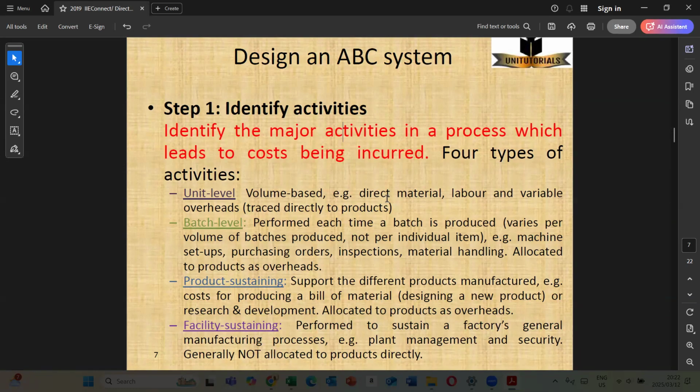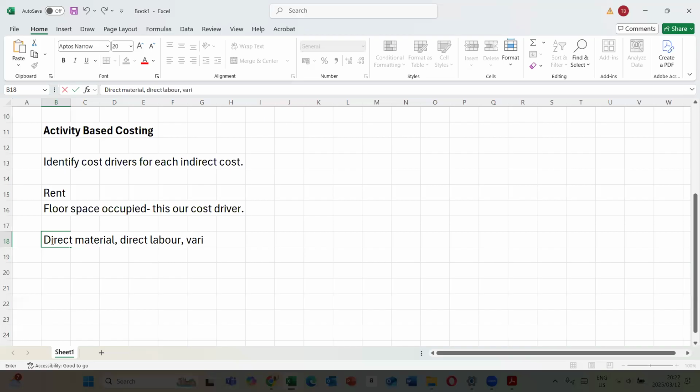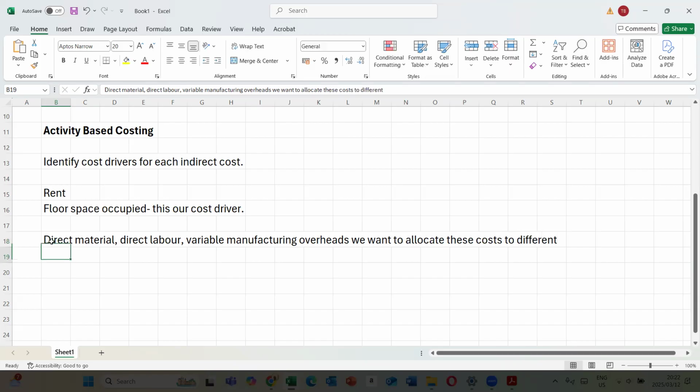Of the 4 types of activities, for these ones there is no need to stress. Why? Direct material, they're volume based. Direct labor. Variable manufacturing overheads. There are no issues with these ones. Remember, we want to allocate these to different products. How do we allocate these costs?